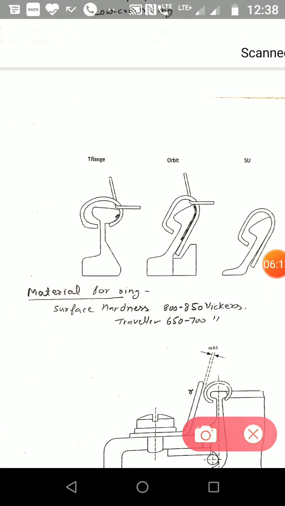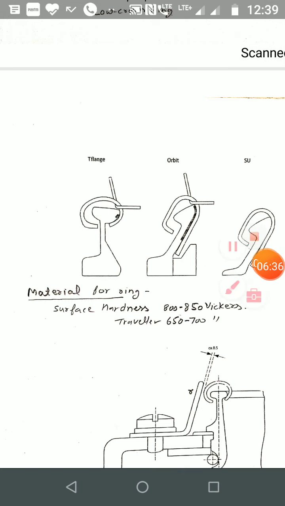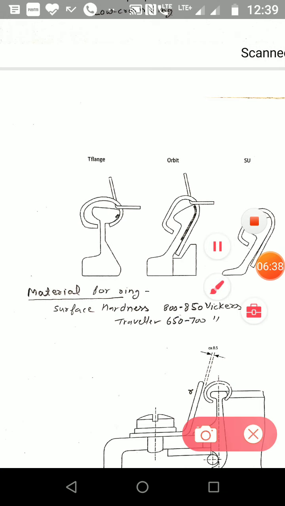Now the material of the ring should always be tough and hard on its exterior. The running surface in particular deserves the closest attention. The surface layer must have high and even hardness in the range of 800 to 850 Vickers, whereas for traveler it should be 650 to 700 Vickers.